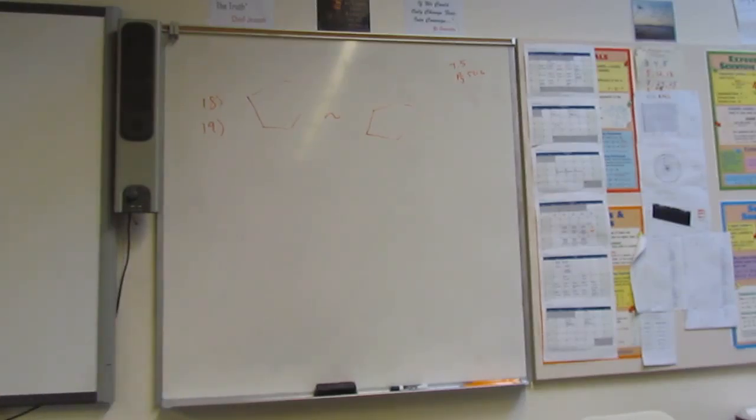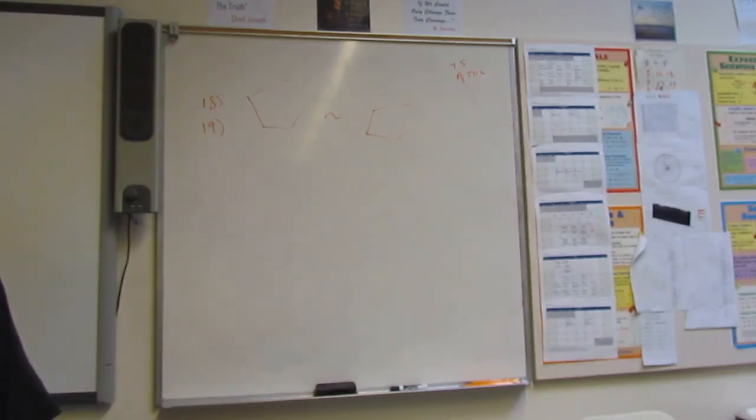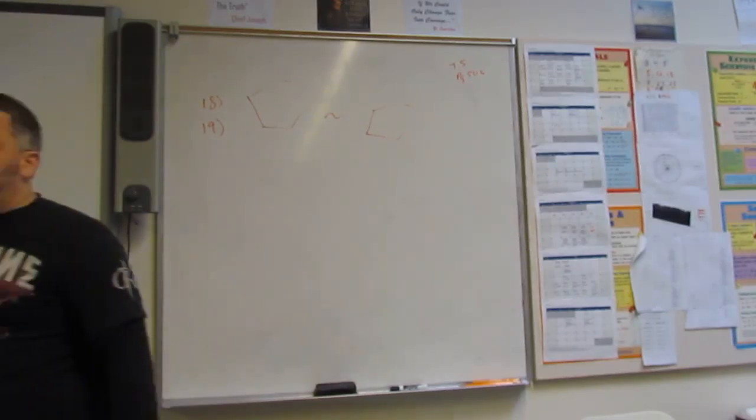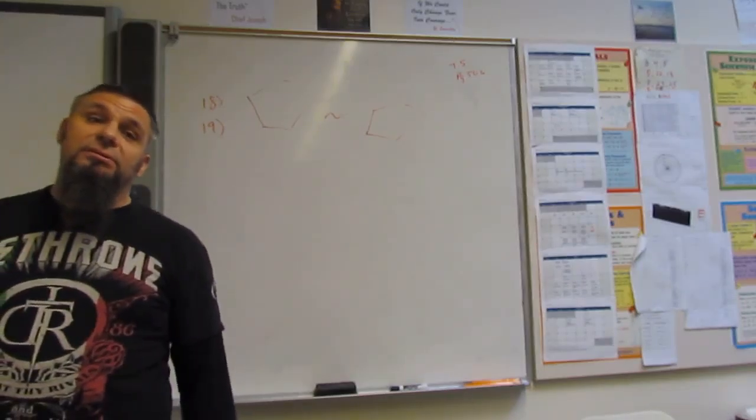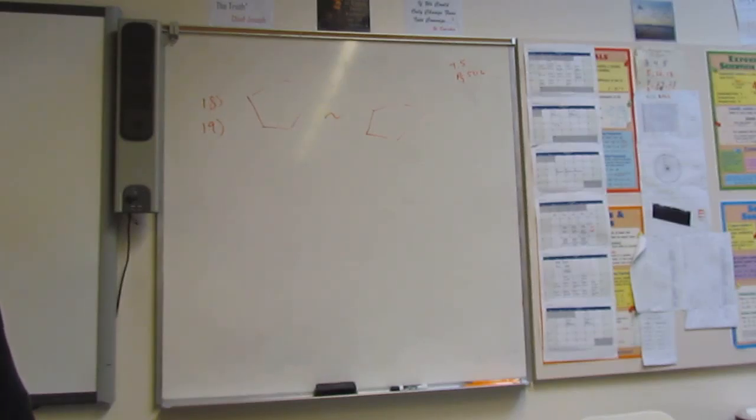When they're similar, that means they're proportional. Now, we were talking about this yesterday, and dealing with perimeter is pretty easy. Dealing with area is a little different. So I want to go into why area is different and how we're going to deal with it.